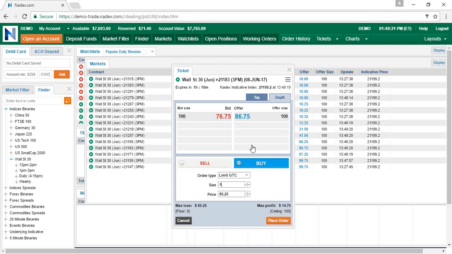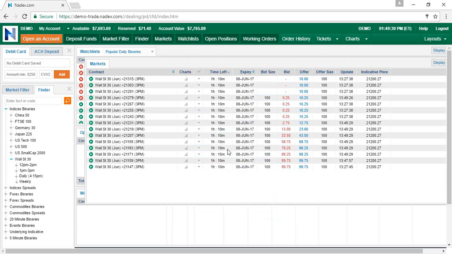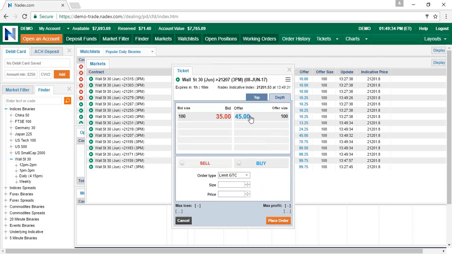I should make the same amount of money because I was right. If I buy this one right here and it goes up and it wins, why am I not making 64? Why am I making different amounts of profit? It's a binary, it went up, I was right. I should make the same amount of money on any binary, right?